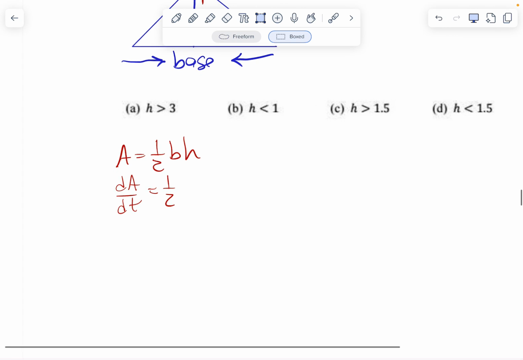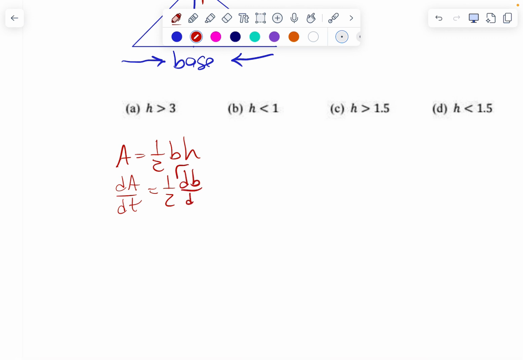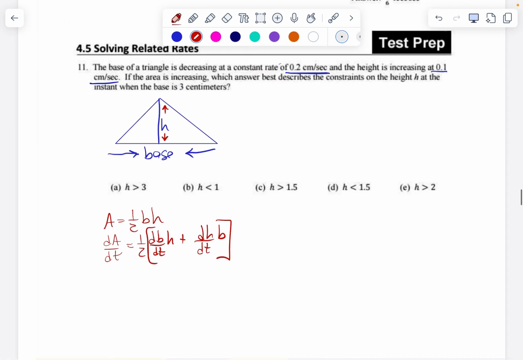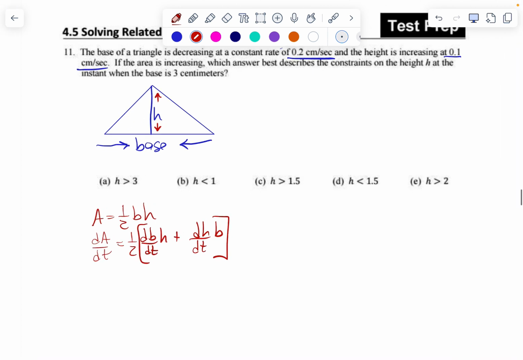So in this case, let's just do db dt. By the way, I should probably put that half outside of brackets. Okay, and then h, hold on, h plus dh dt times b. Okay. And then db dt is 0.2, dh dt is 0.1.